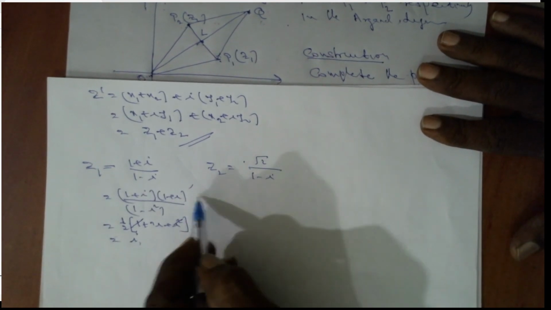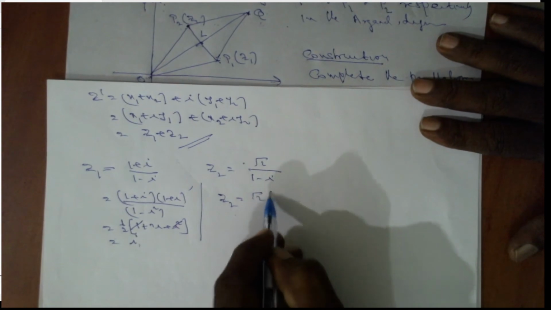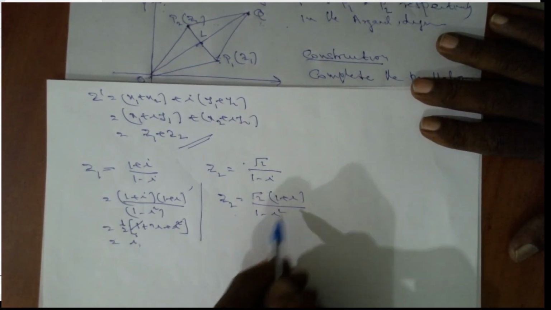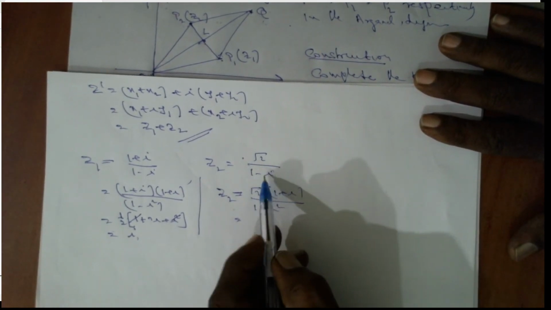What is C2? Root 2 times (1 plus i) over (1 minus i) squared. What is the conjugate of the bottom? 1 plus i.